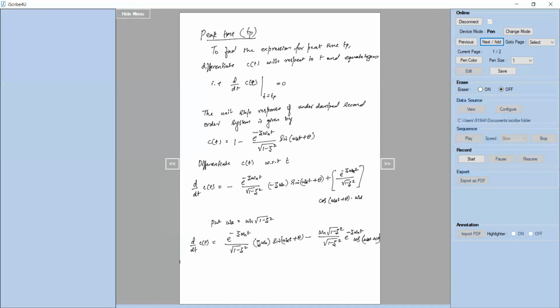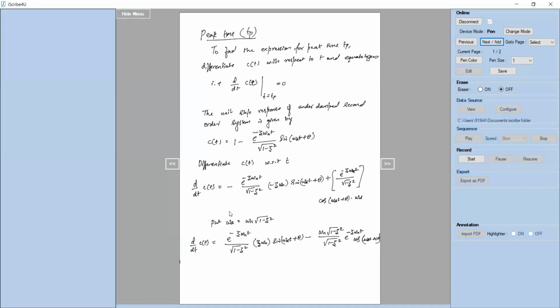I have just substituted omega d as omega n square root of 1 minus zeta square. The minus minus becomes plus, and I'll have this expression here.